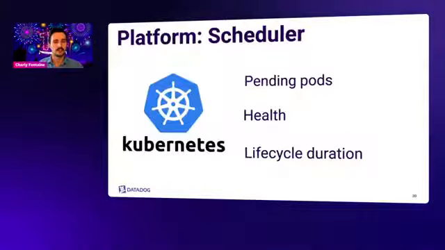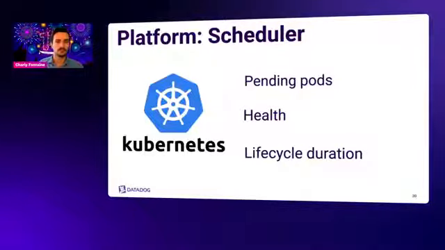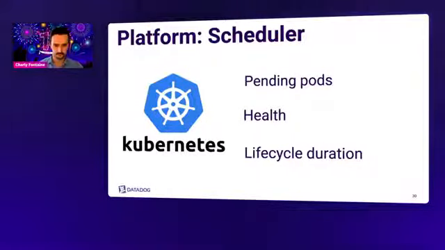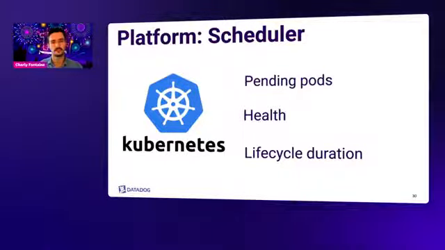Now, finally, my favorite bit personally is the scheduler, especially because you can make your own custom scheduler. You can just specify in the deployment spec of your deployment or daemon set which scheduler it's going to use. And I think it's important to monitor the actual lifecycle.